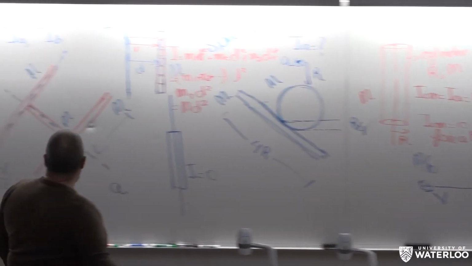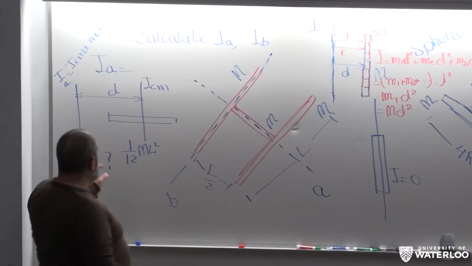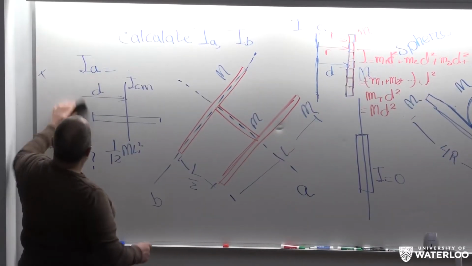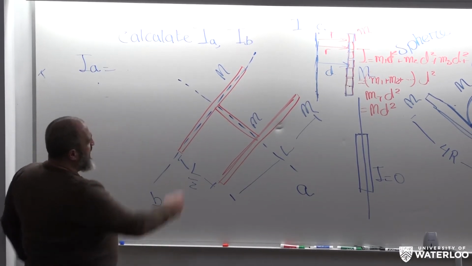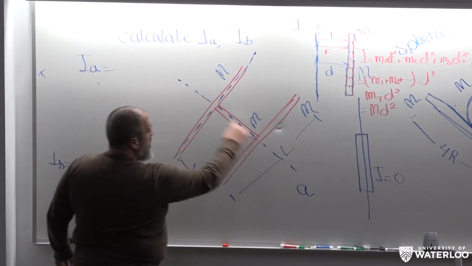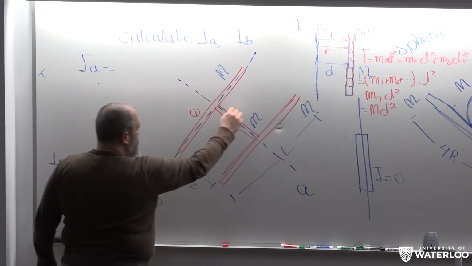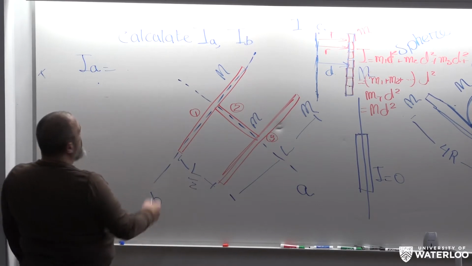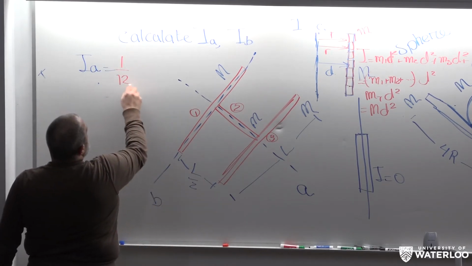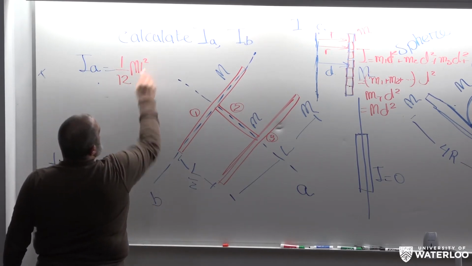So I about A here, I need to erase some of this stuff. And I about A then is what? I about A is I1, I2, and I3. Okay? And for 1 and 2, it is 1/12 ml squared, right?